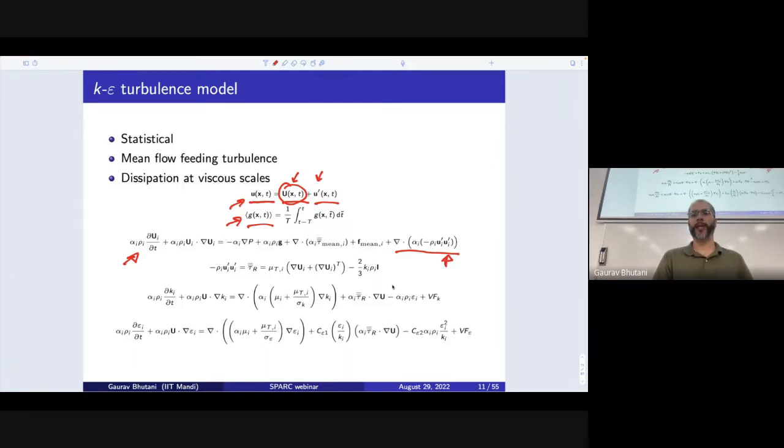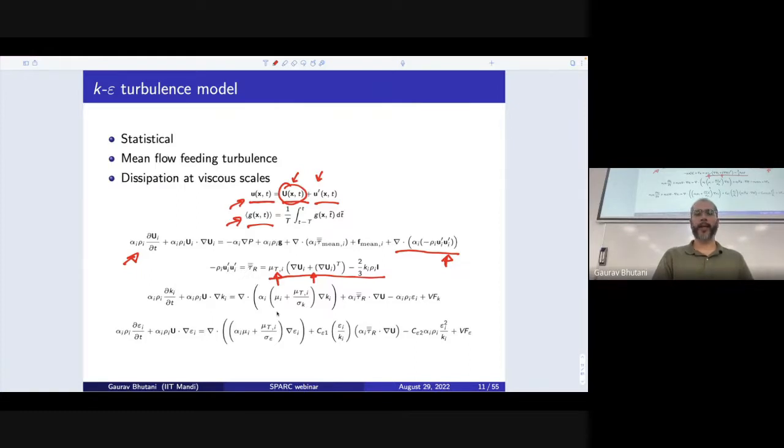This is where the turbulence has an effect on the average flow behavior. So one has to understand how to model this, and in the K-epsilon model, we use a simple Boussinesq-type model where we say that just the way laminar or molecular shear is modeled as molecular viscosity times the rate of strain, we model turbulent shear as some turbulent viscosity, whatever that is, times the rate of strain.